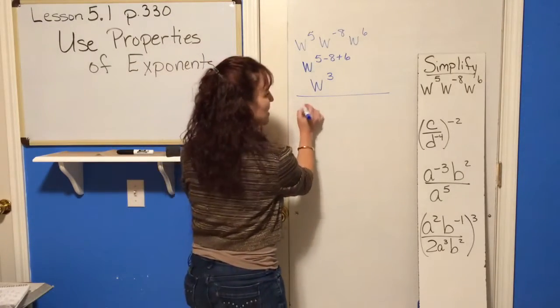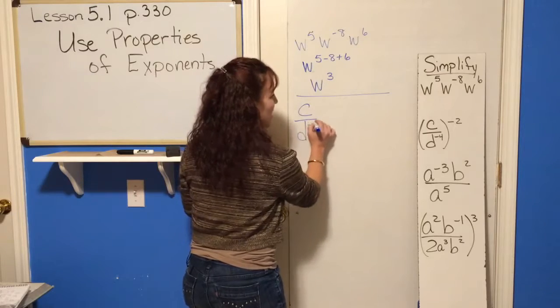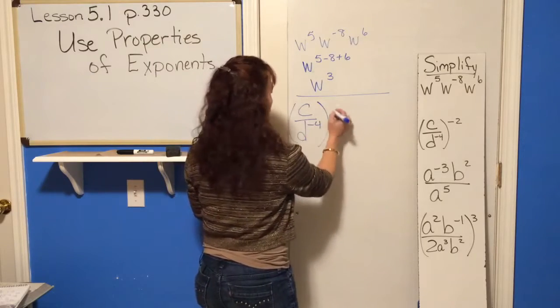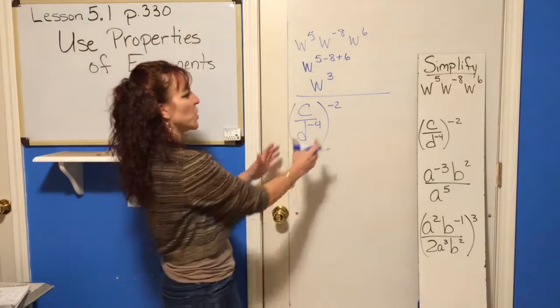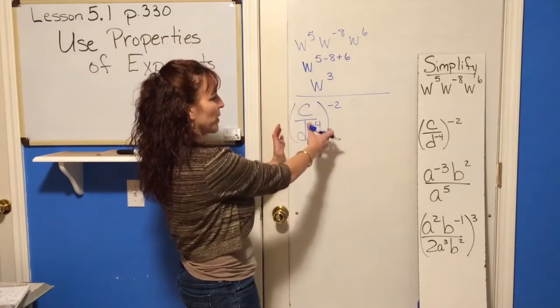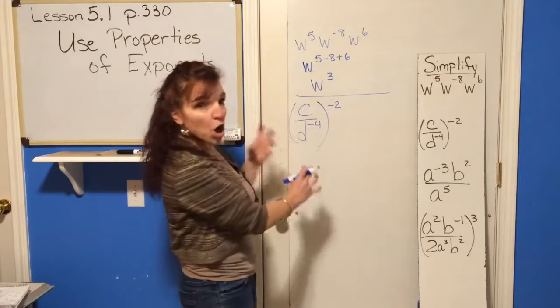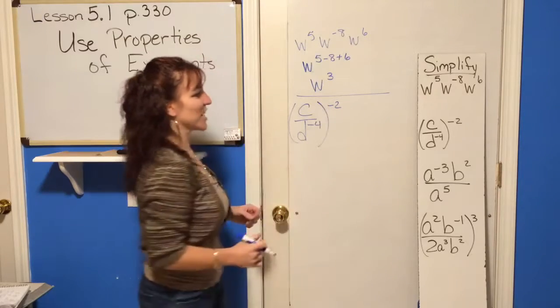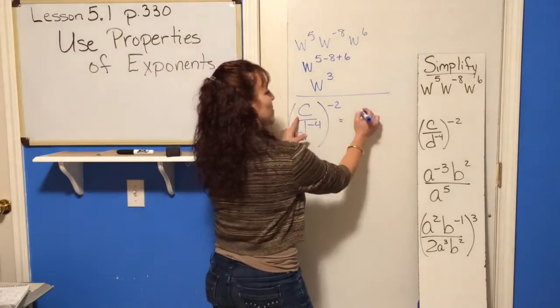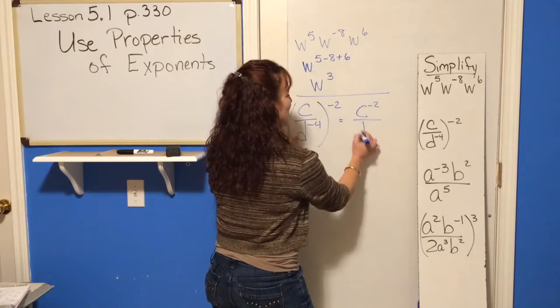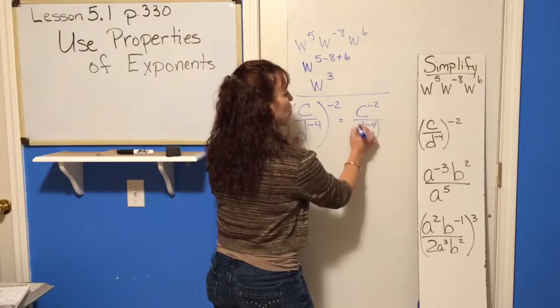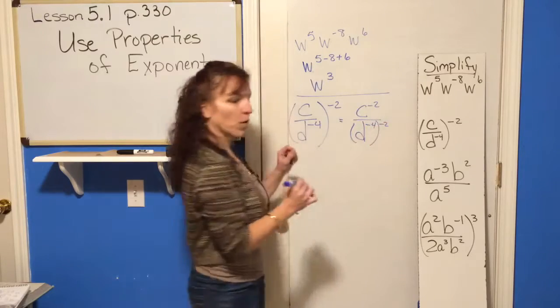Here we go. The next one, c over d to the negative fourth, all raised to the negative 2. Remember, what we're going to do first is get rid of these parentheses. So each part is going to get this exponent. So that is the same as c to the negative 2 over d to the negative 4 raised to the negative 2 power.